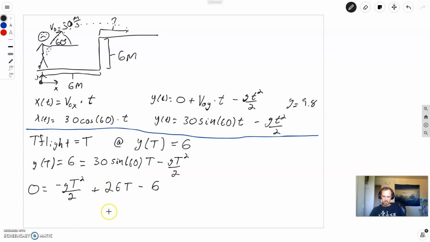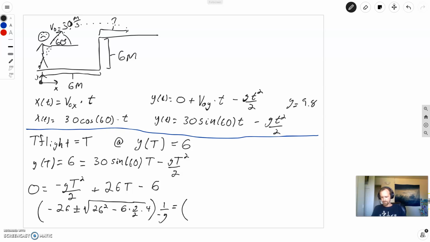So now we do our quadratic equation. Whenever you see an equation like this, where you have something that looks like this equaling 0, then we do our quadratic. So this will be negative 26 plus or minus the square root of 26 squared minus 6 times g over 2 times 4. It's my 4ac term. And this is all over negative g. Okay. So what do I get?